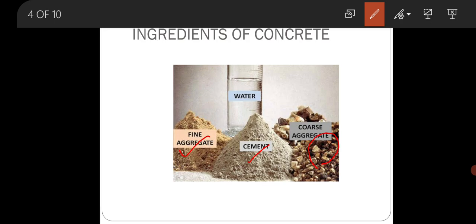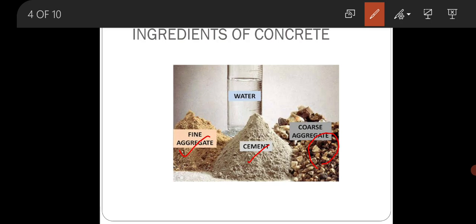The hardening of concrete is generally caused by the chemical reaction between water and cement, and this concrete grows stronger with age. As time passes on, the concrete will become stronger. So, these are the different ingredients of concrete.